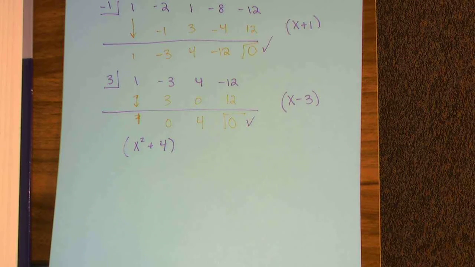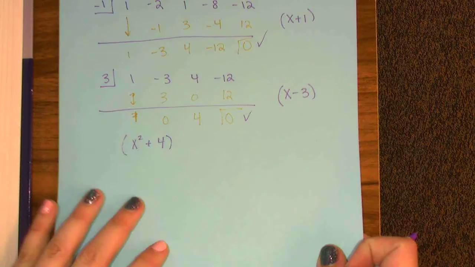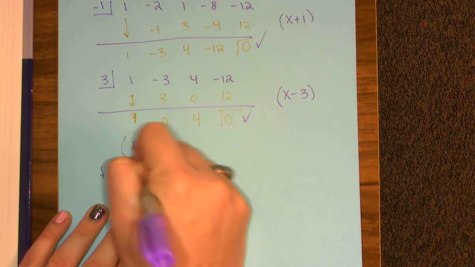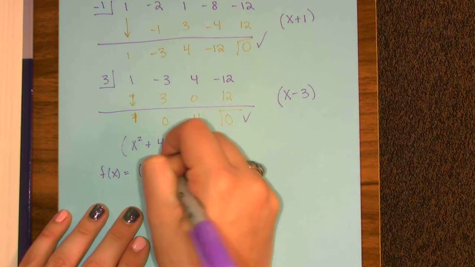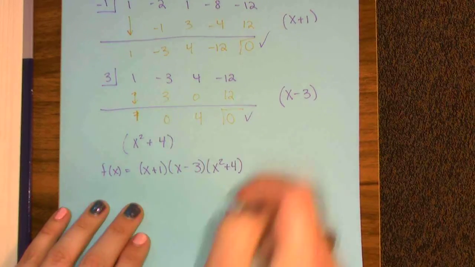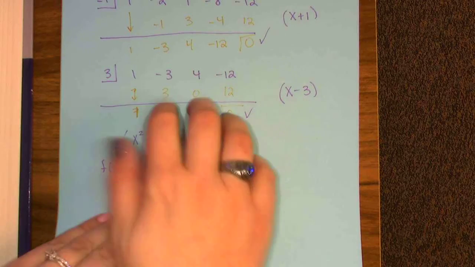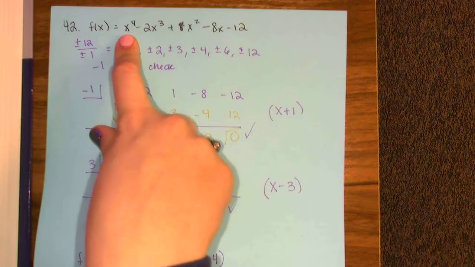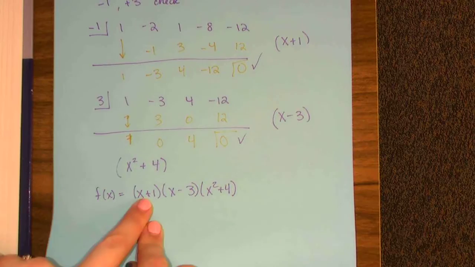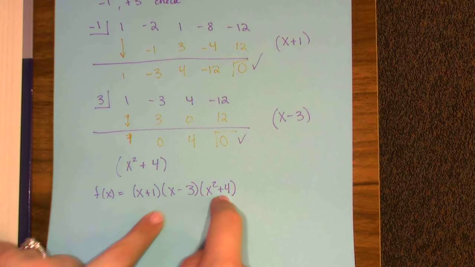So f of x is equal to x plus 1, x minus 3, x squared plus 4. And that makes sense because this was a fourth order polynomial, so I should have 4 zeros. So I have 1, 2, 3, 4.